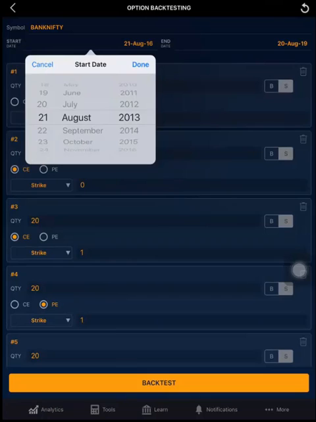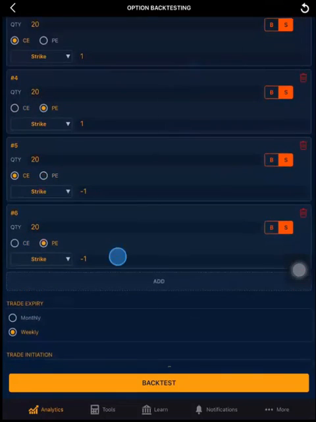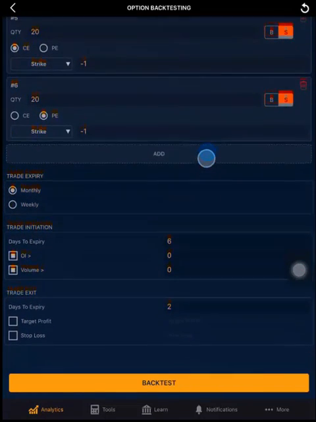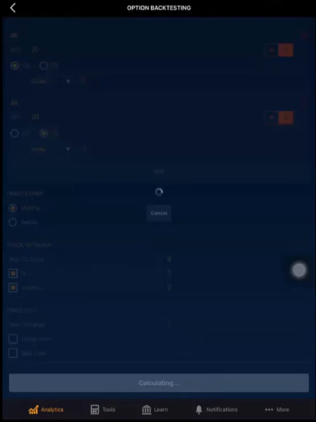Yeah. So now I can go and select any date. Say I want to do it from 2010. And I want to do this in monthly. And I'm keeping the same 6 and 2 backtest.